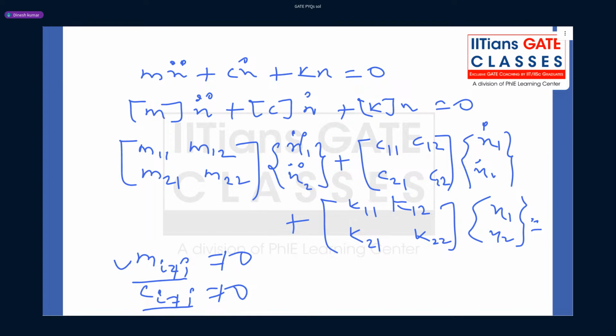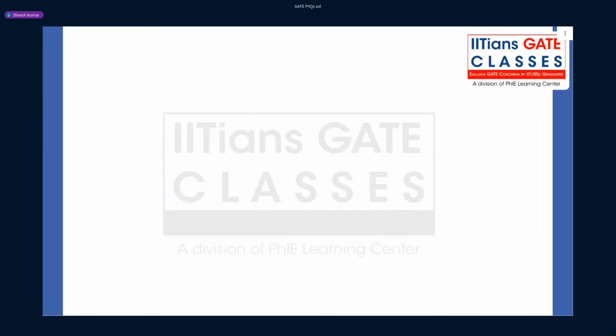So in the M matrix, if the Mij off-diagonal term is non-zero and the Cij off-diagonal term is non-zero, then the system will be dynamically coupled. Okay, now when the system will be statically coupled, just a moment.